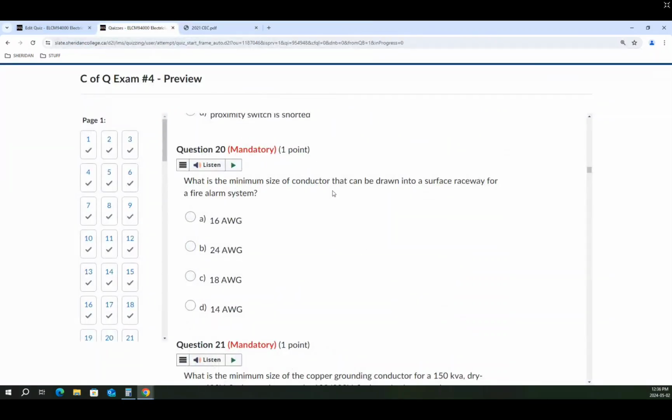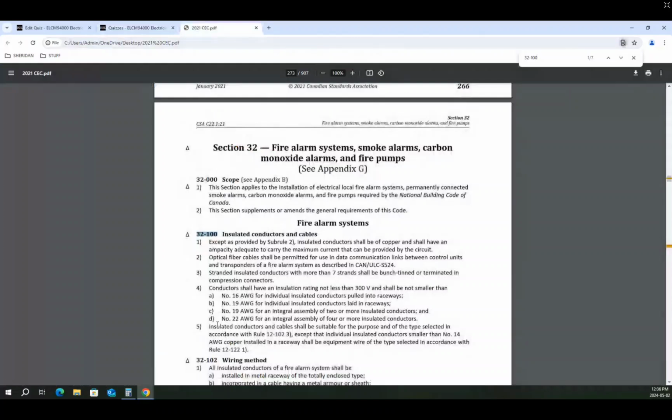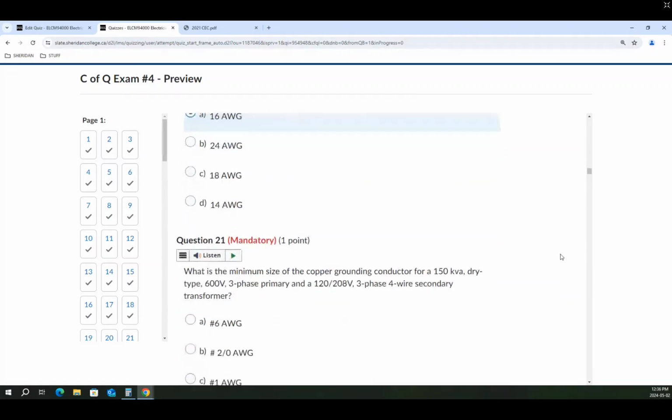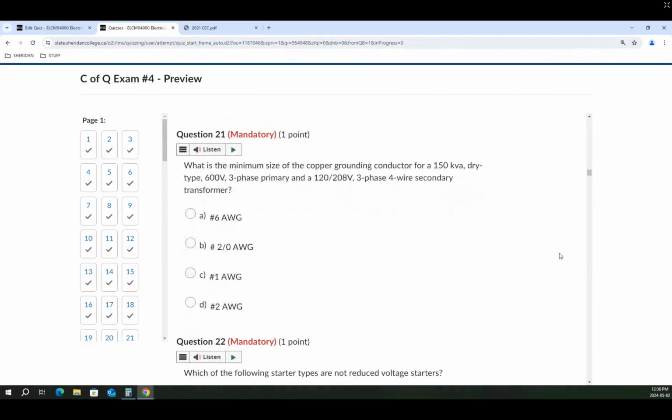And our question was, what's the minimum size of conductor that can be drawn into a raceway? Minimum size that's pulled into, so it'll be 16. Oh, 16. Number 21.